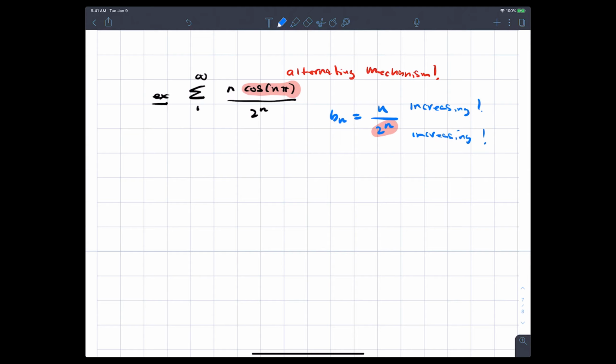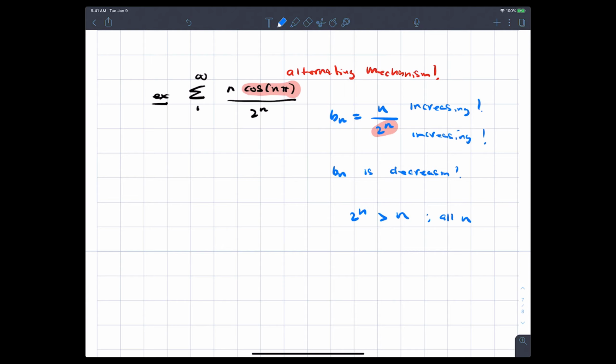What this means, though, is that Bn will be decreasing because of the fact that 2 to the n is much bigger. And it's going to get bigger faster. And I think that's true for all n, though, right? N is 1, n is 2, n is 3.